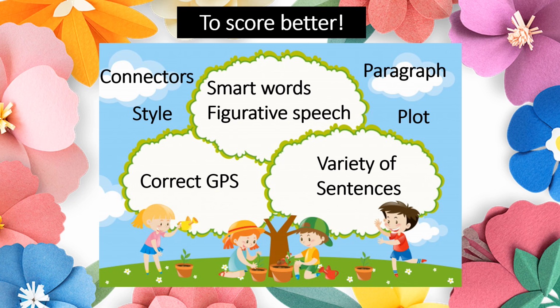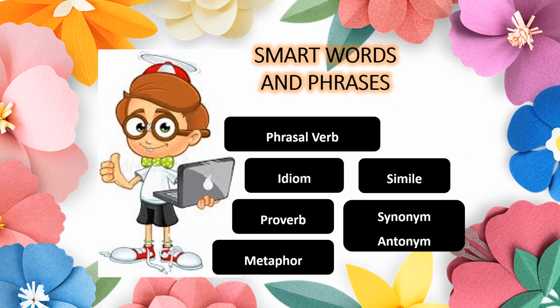Okay, next is variety of sentences. Variety of sentences means you use simple sentences, you use compound sentences, and then you also have complex sentences. Okay, so we have done all that in our essay just now. Okay, so what are smart words and phrases?